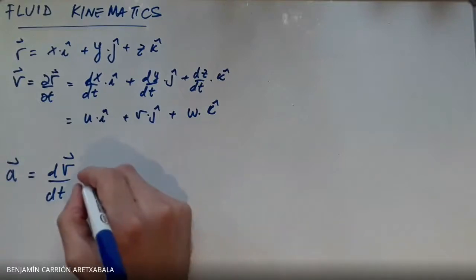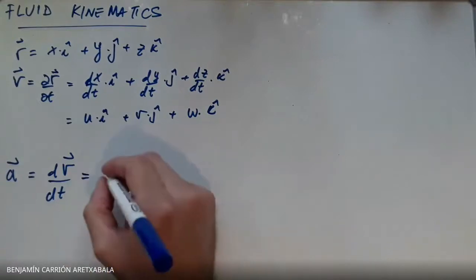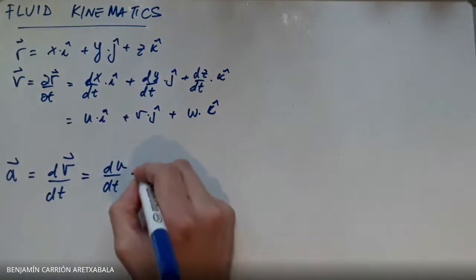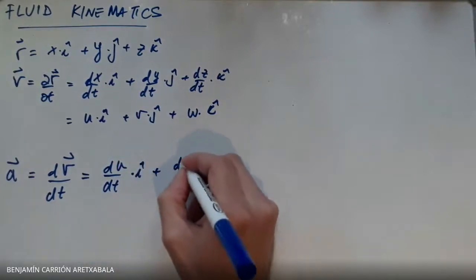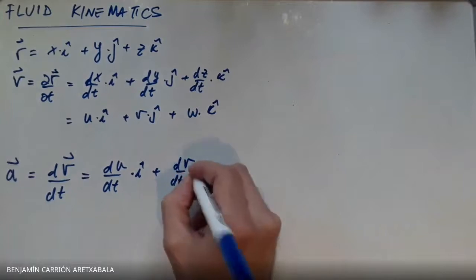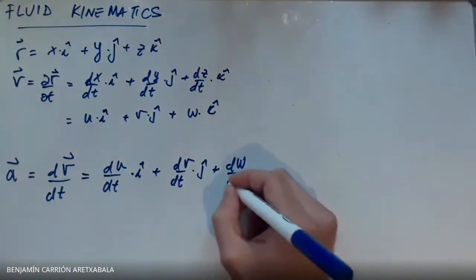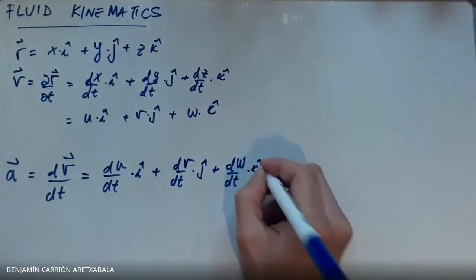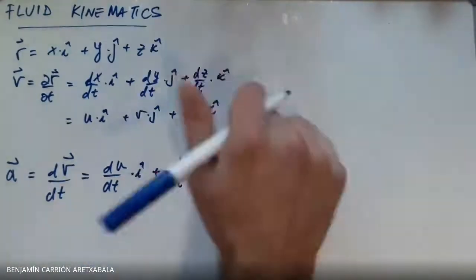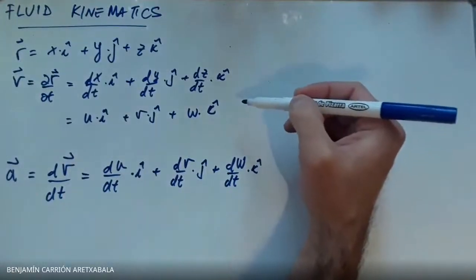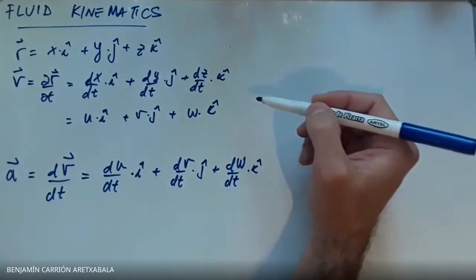Simply put, that's going to be the derivative of u with respect to time in i times the derivative of v with respect to time times j times the derivative of w with respect to time times k. Okay, so far it doesn't look different from this first step, from position to velocity. We already did this, so what's new here?